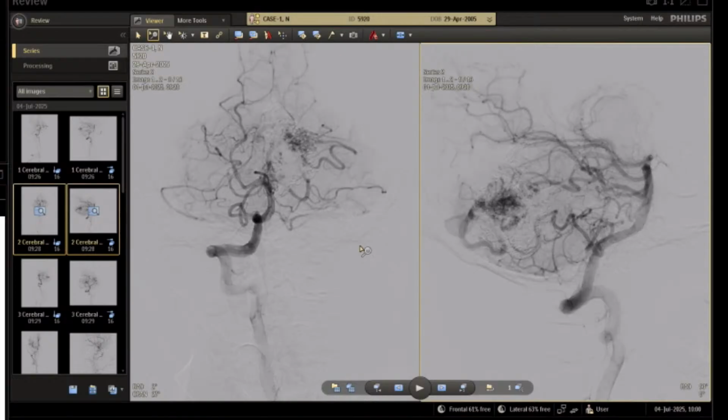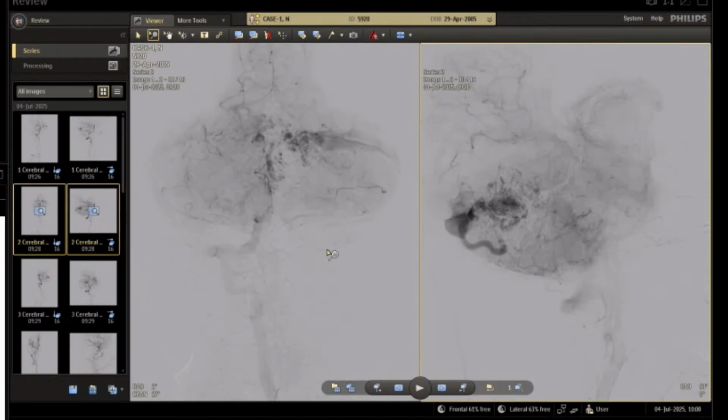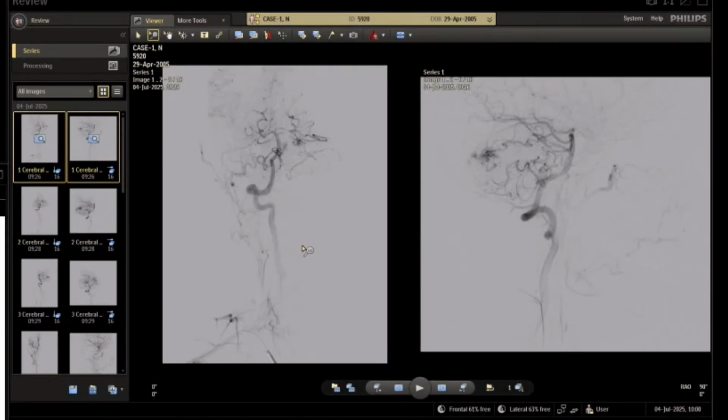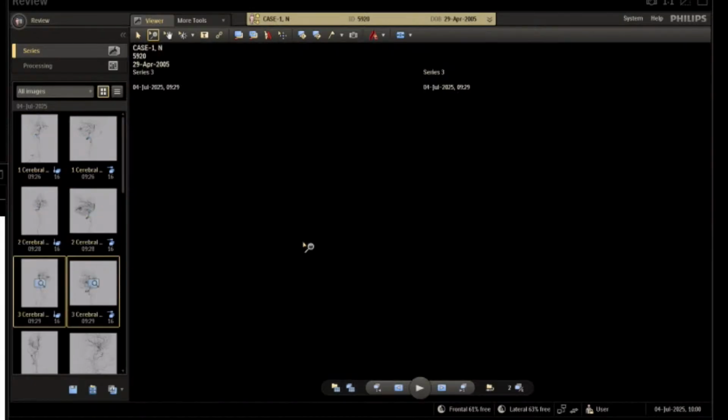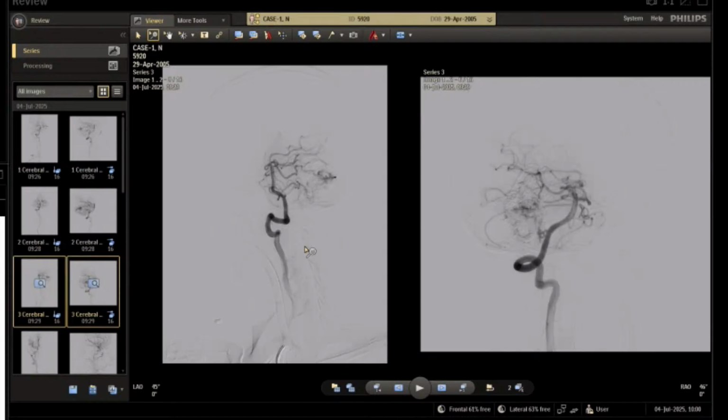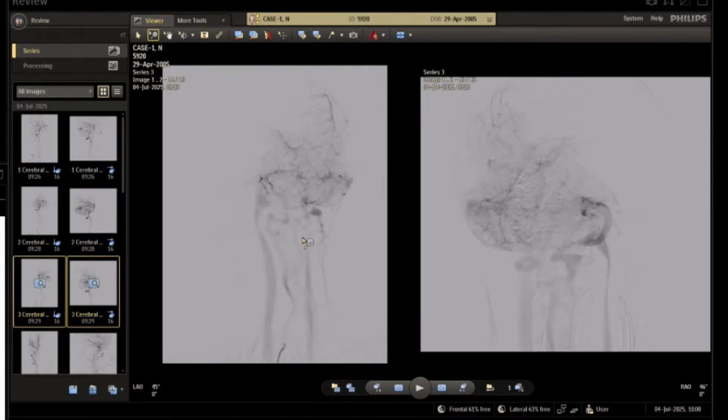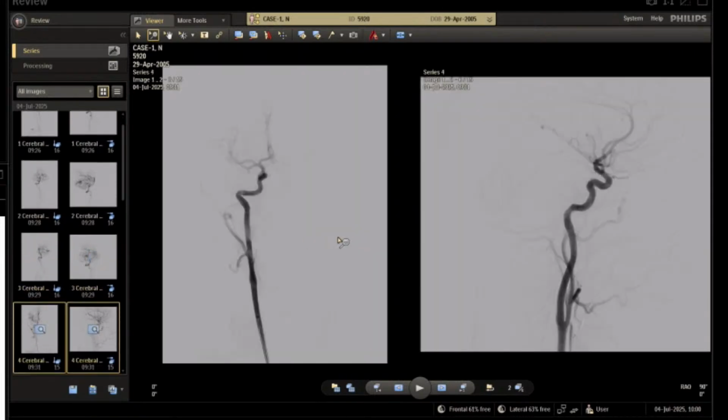This is the angiography from the right side. Yes, it looks like the PICA is not involved, but to be sure, we will take a microcatheter and check the PICA territory.